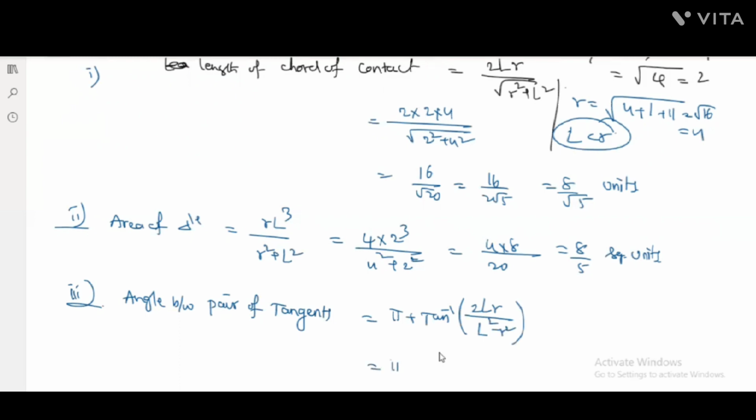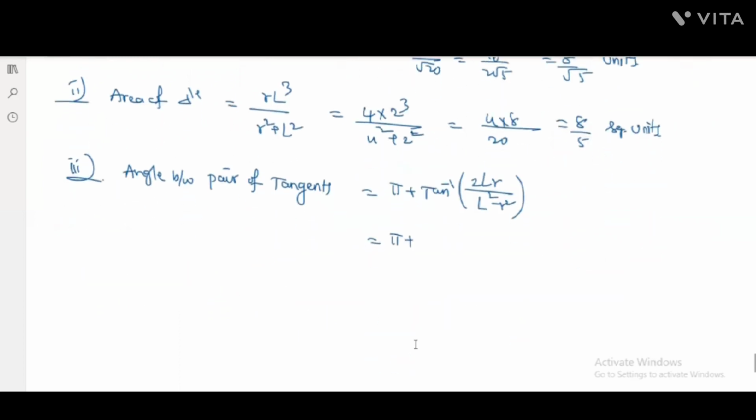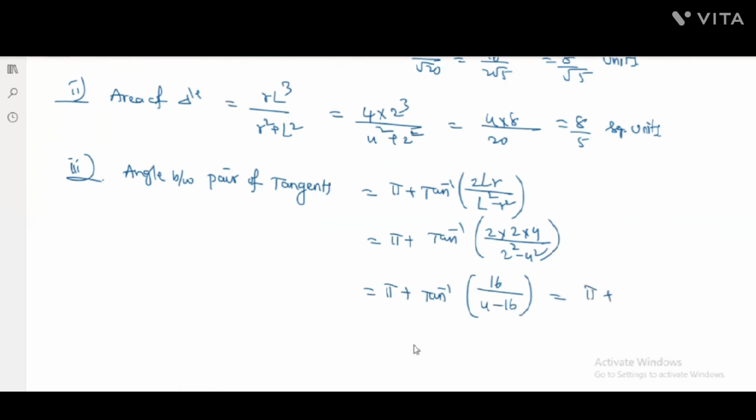If you substitute the values here, pi plus tan inverse of 2 into 2 into 4 by (2 square minus 4 square), which is equal to pi plus tan inverse of 16 by (4 minus 16), which is equal to pi plus tan inverse of minus 16 by 12.